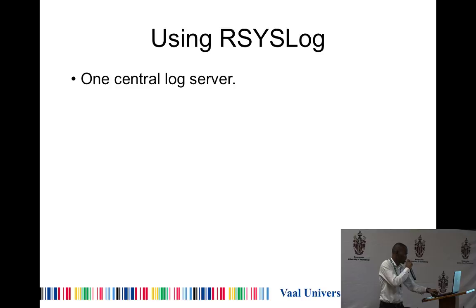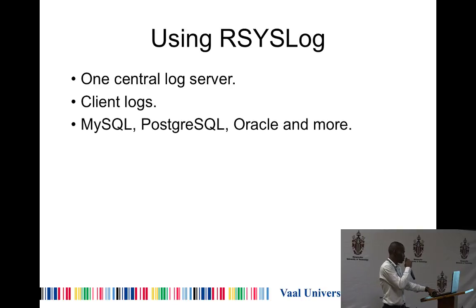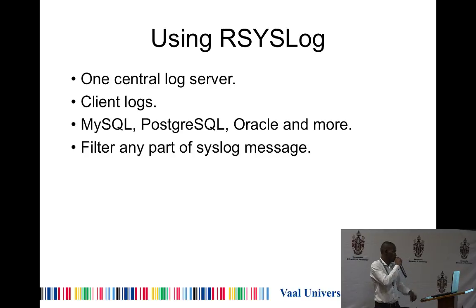You need at least one central log server. You need client logs. These are your hosts, as I mentioned earlier, your web application servers and your database servers. You need a database itself where you're going to store the logs if you want to perform querying and analytics. And you need to filter some parts of your log messages.